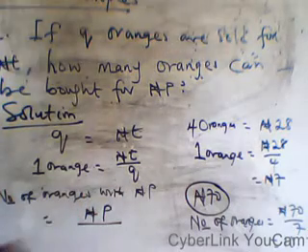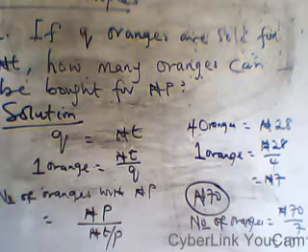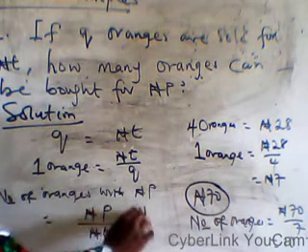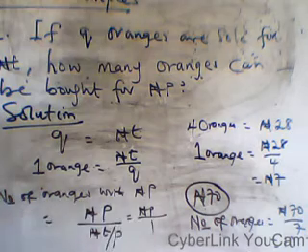What is the amount for the 1? That is C naira divided by Q. Do you get that? In the final answer we have P naira divided by this one, which is over 1.